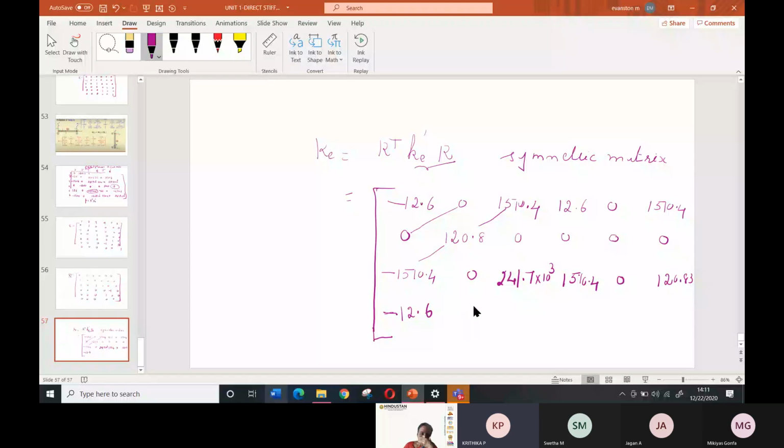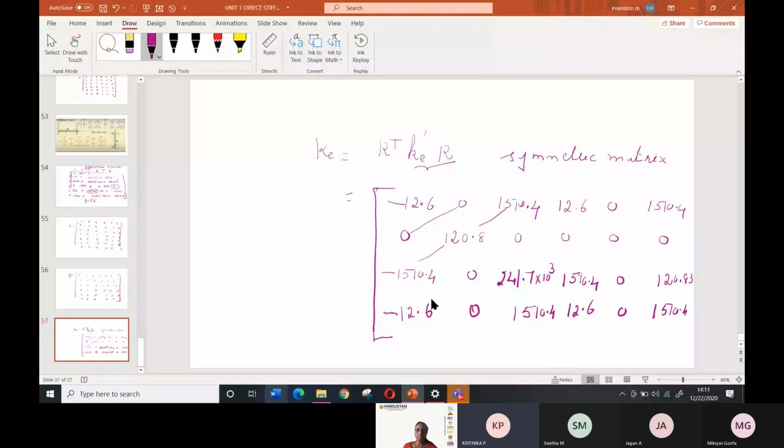0. 0. Then this one value 1510.4. 12.6. 0. 1510.4.